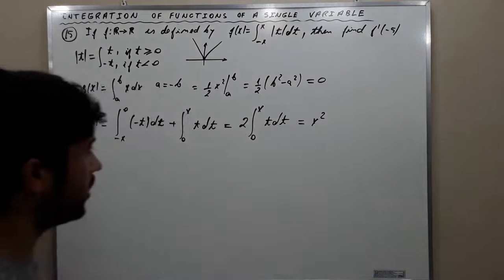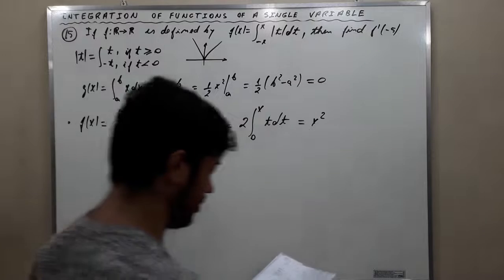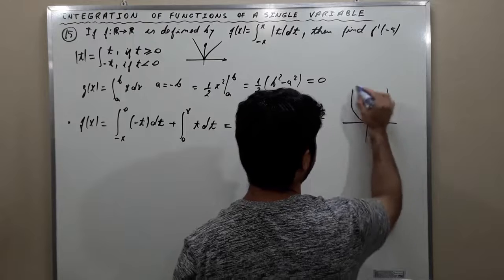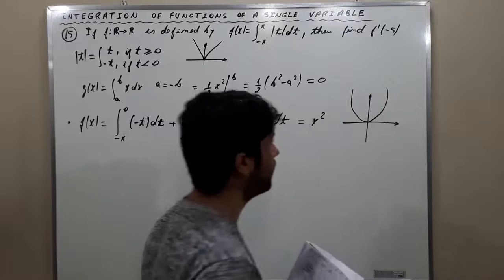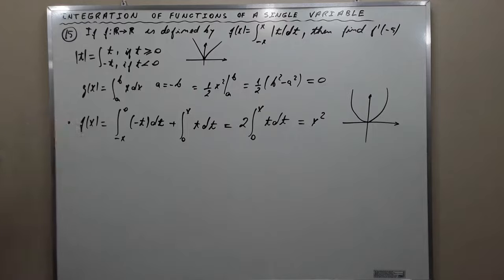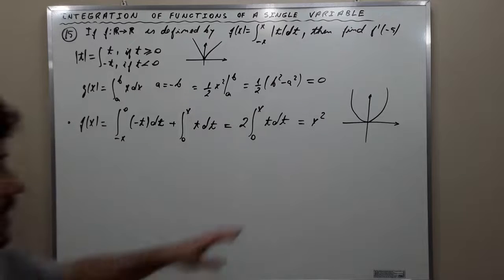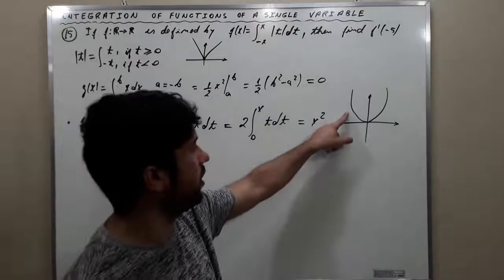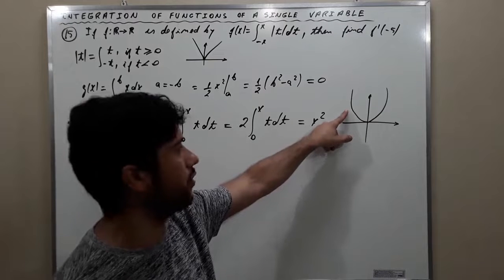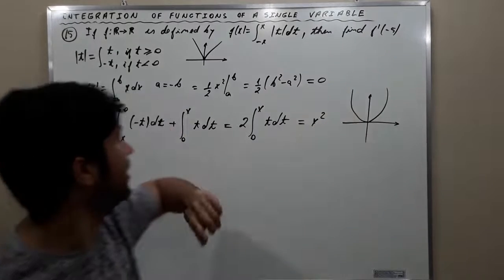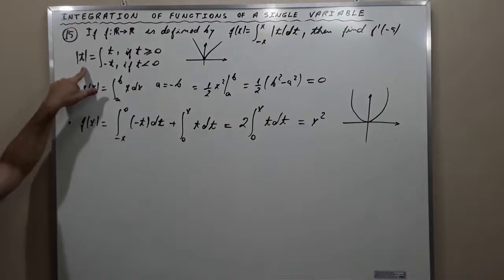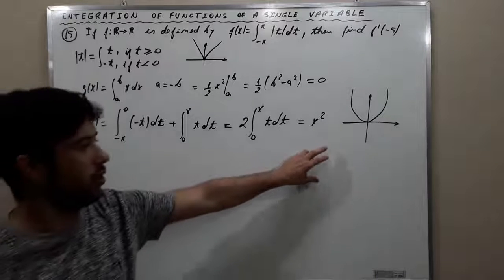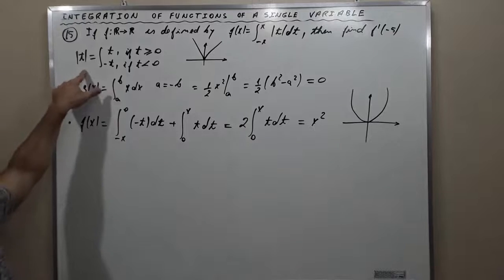Okay? And x squared is a function like this. And this is not yet what we're looking for, because if we differentiate this function here, the derivative of this function does not produce this function here. How do we then find a function whose derivative is this?